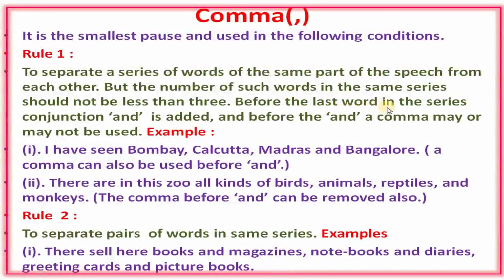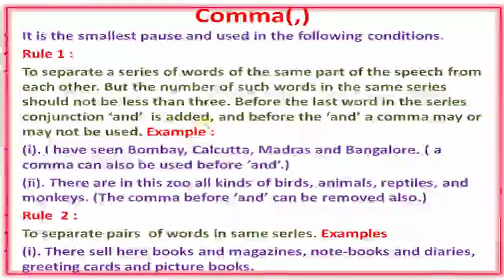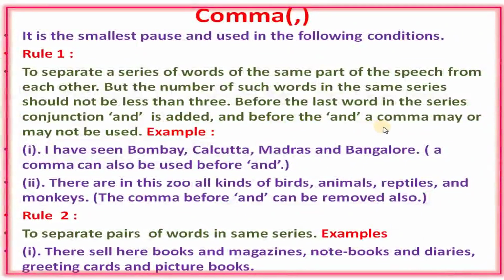Before the last word in the series, the conjunction "and" is added, and before the "and" a comma may or may not be used. Example: I have seen Bombay, comma, and Calcutta, Madras and Bangalore. A comma can also be used before "and".